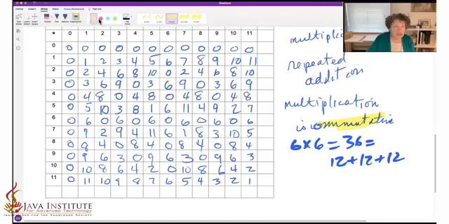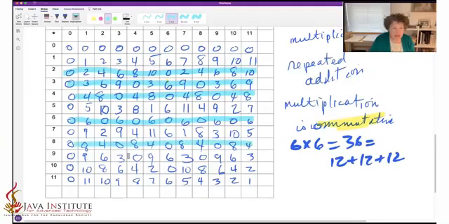And I'm going to look at the rows where we have a repeating pattern. Here it takes 6 before we repeat. It takes 4, 3. This one doesn't repeat. This one repeats. This one repeats. This one repeats. And this one repeats.